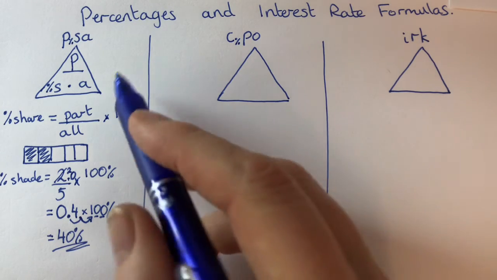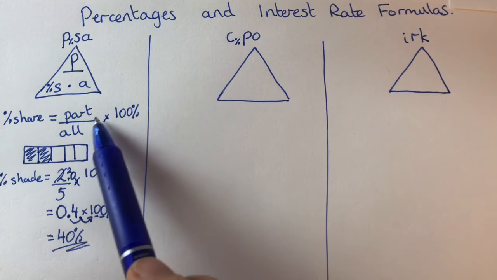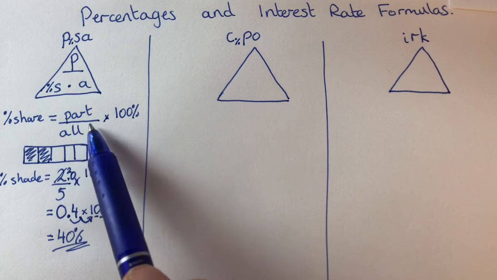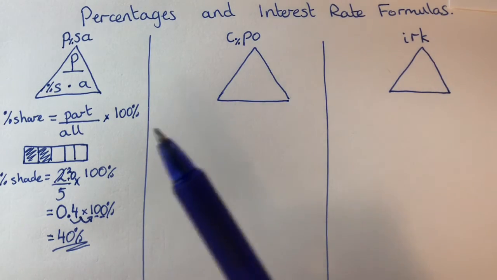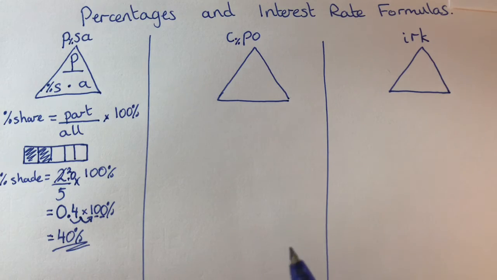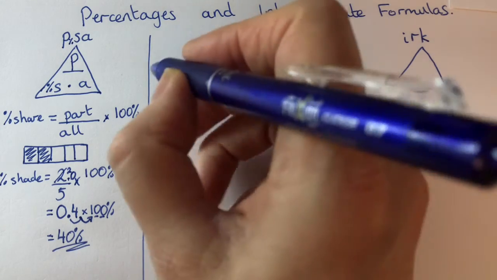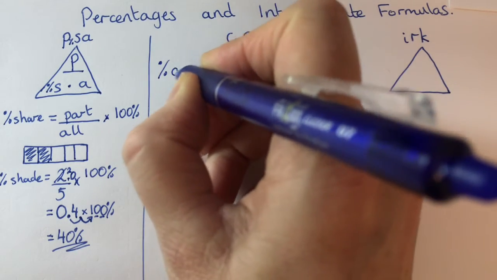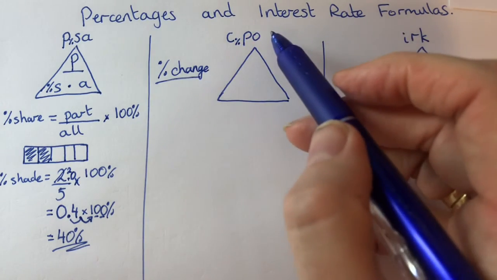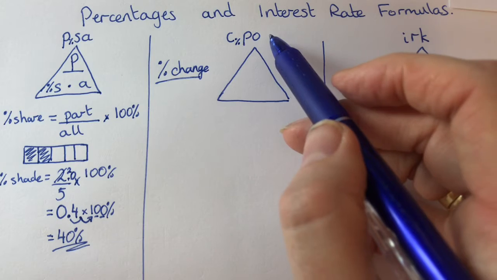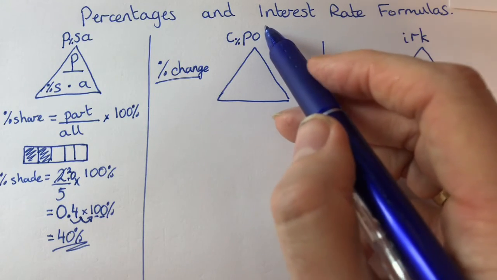So this is our standard formula. Percentage share is the part that we're interested in divided by all of it times 100%, always. But another very common formula in percentage is when they're asking for percentage change. So this one is percentage change. And we can do that thinking of, I don't know if you remember the Star Wars figure, but there's C3PO.